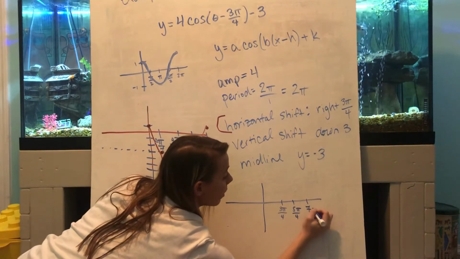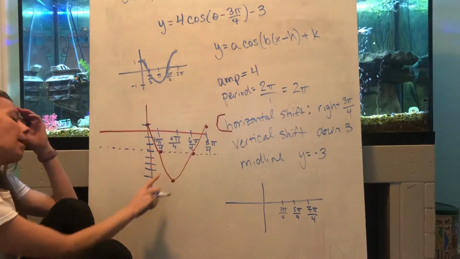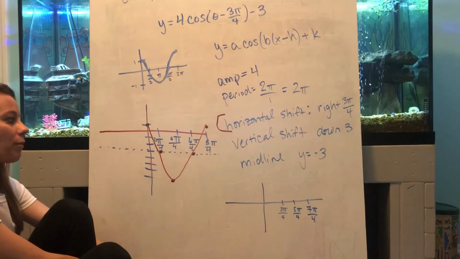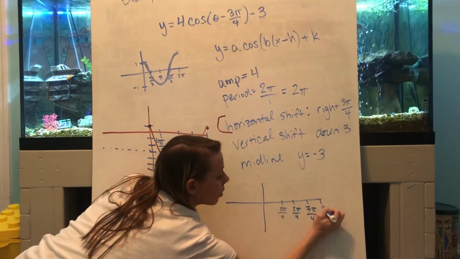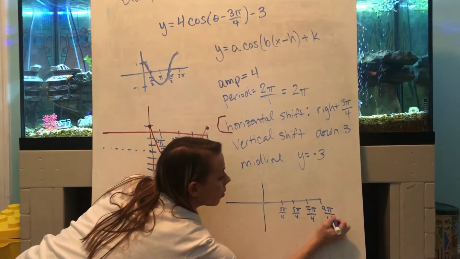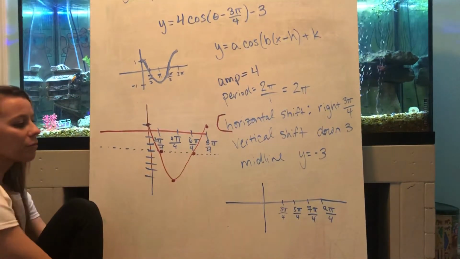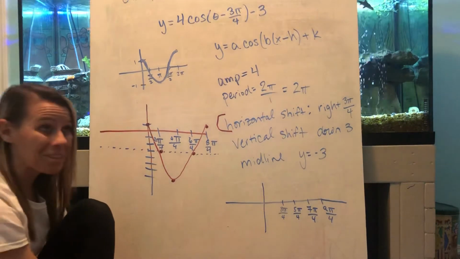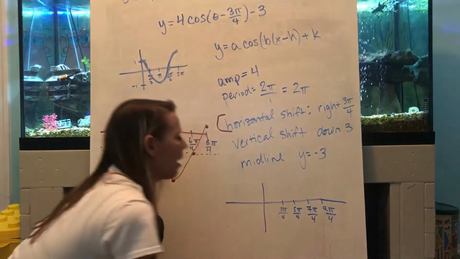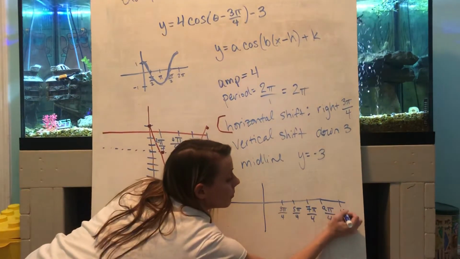I don't know if you see a pattern emerging. Go ahead and keep adding. 6 pi over 4 plus 3 pi over 4 is 9 pi over 4. And the last one, I've got 8 pi over 4 plus 3 pi over 4, sorry, gives me 11 pi over 4.